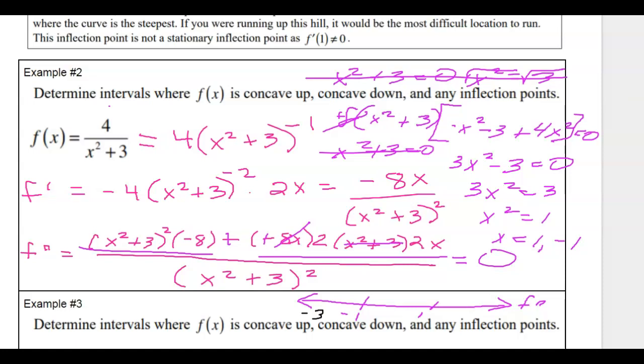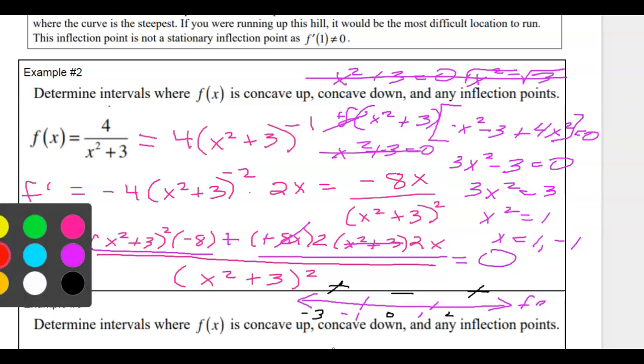If I plugged in negative 3, I square that and I get another positive. If I plug in 0, I get negative. And then if I plug in, let's say 2, positive, a positive, and then 2 squared is 4, 4 times 3 is 12, 12 minus 3 is also positive.